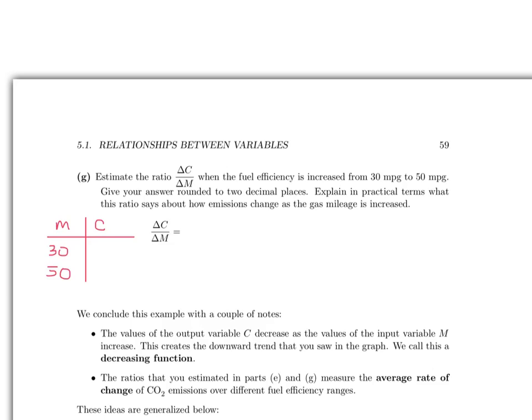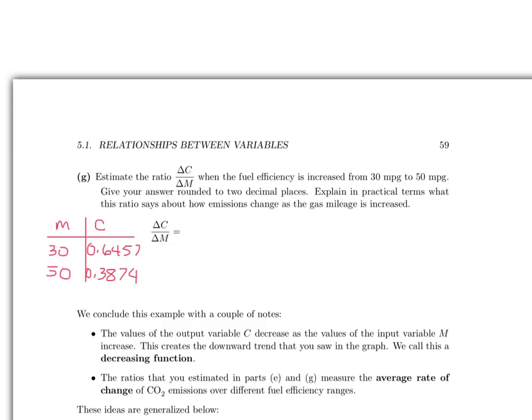And what we arrive at is 0.6457 and 0.3874. As before, notice that as the miles per gallon increases, in other words, as our fuel efficiency increases, notice that the emissions decrease. Now let's go ahead and calculate our ratio.